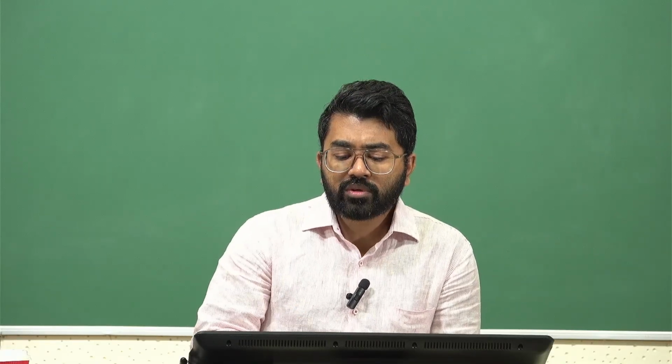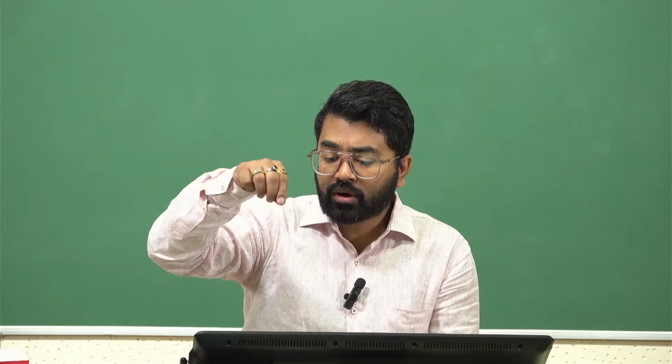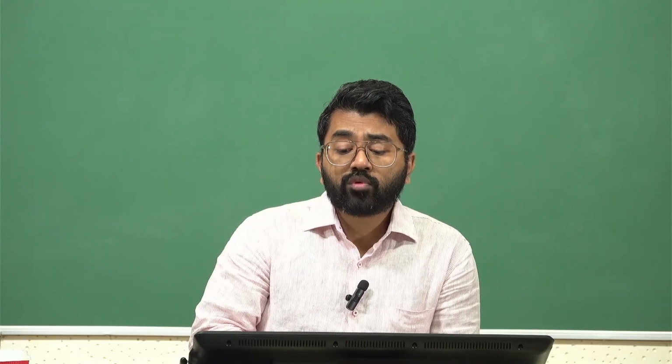So in this picture on the right, you're basically looking at a 3D bioprinted tissue, or in certain cases it could be the actual tissue which has been extracted from a cadaver or an animal model, and it is poked, it is basically probed, I would say, with the probe of an indenter.